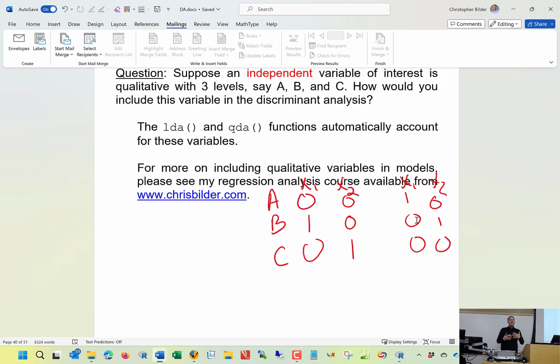It uses set the first level to 0 as a format for converting these qualitative categorical variables into a numerical format. If you by chance are familiar with SAS, SAS uses the set last level equal to 0 format.